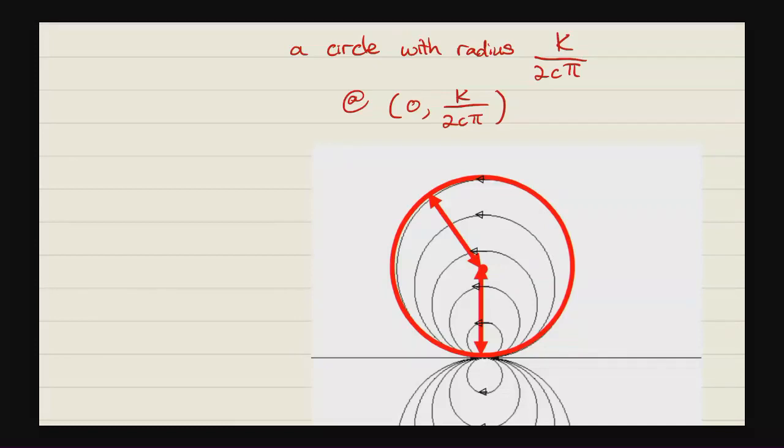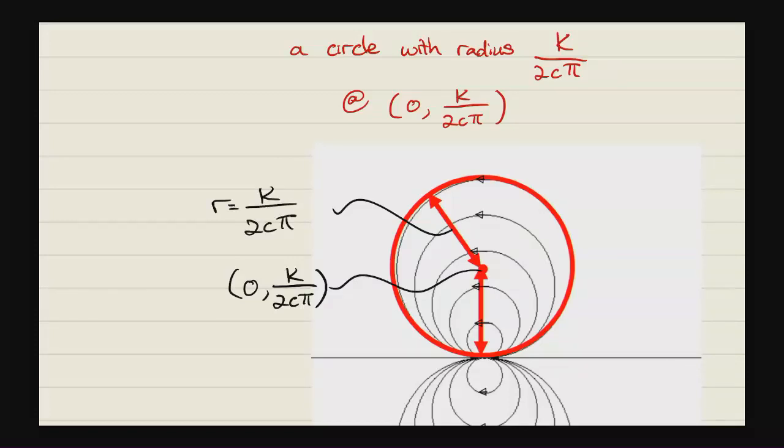This point here is going to be 0, k over 2c pi, and hopefully you can see that the radius of this circle r is also k over 2c pi.